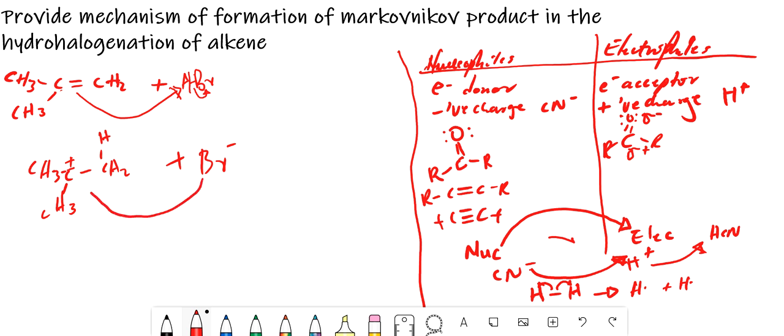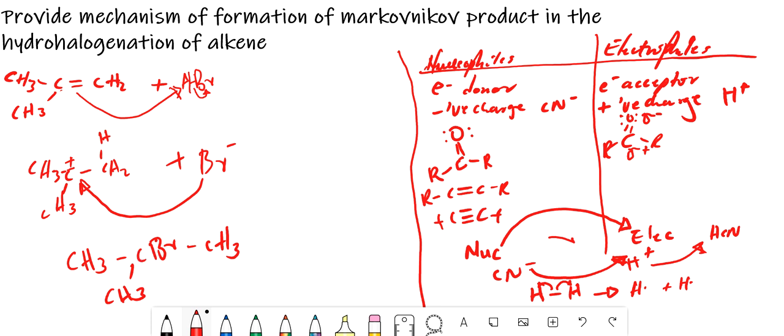So you will have a situation like this, and your product will be the Markovnikov product, Br, CH3. Okay, I hope you understand that. So if the Br was on this carbon, it was going to be anti-Markovnikov. So the Br or the halogen is now on the highly substituted carbon, which is the Markovnikov product.